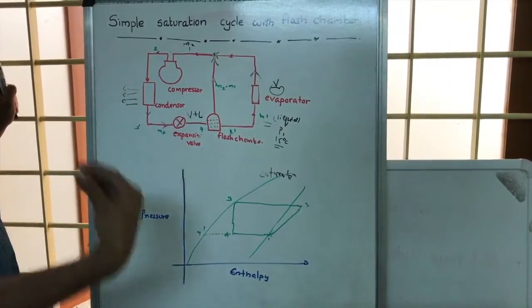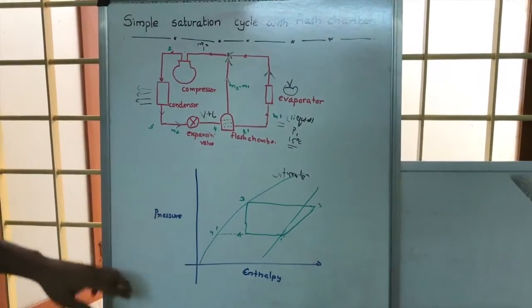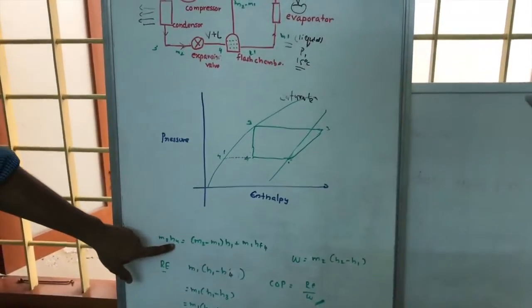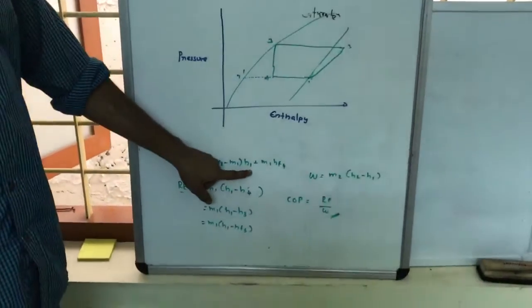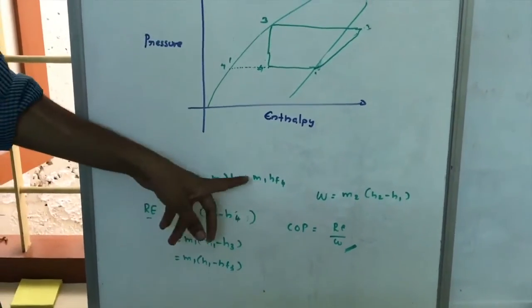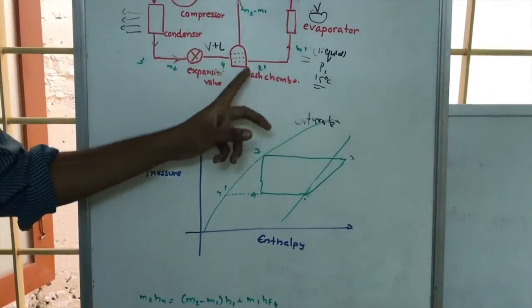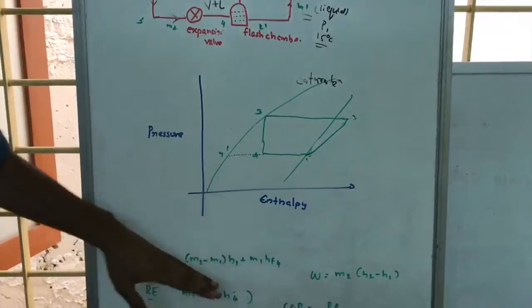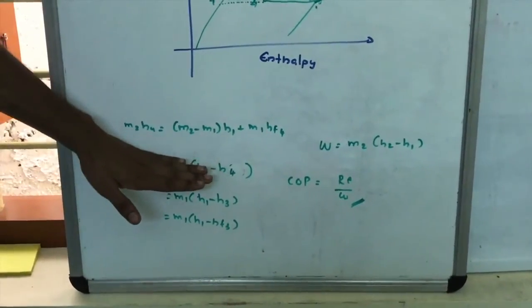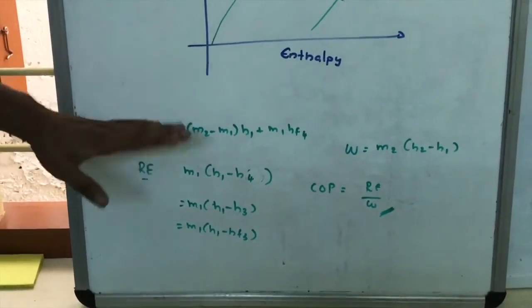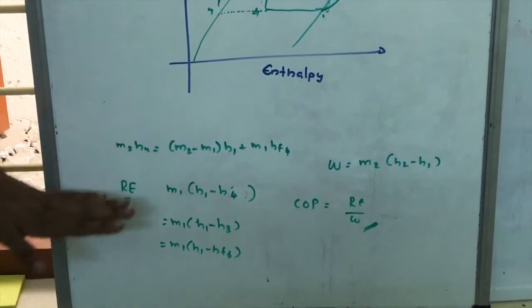We can call it HF4 dash to signify that it is only liquid. So at that junction, M2 H4 is the enthalpy of the entering mass, and M2 minus M1 into H1 is the vapor part, plus M1 into HF4 dash, the part that goes to the evaporator. So at the junction we can write the enthalpy equation for the flash chamber like this, from which we can find M2 with respect to M1 or M1 with respect to M2 as we rearrange this equation.